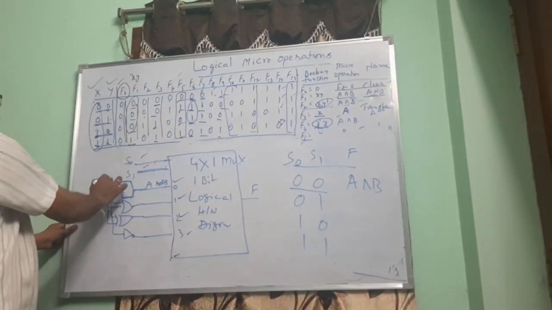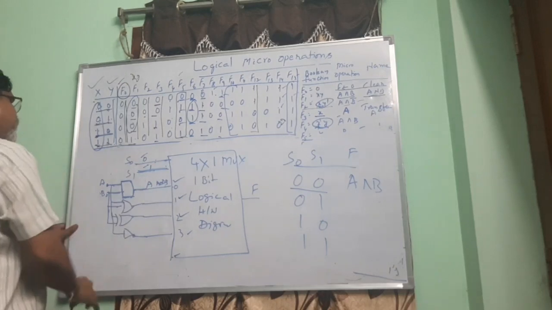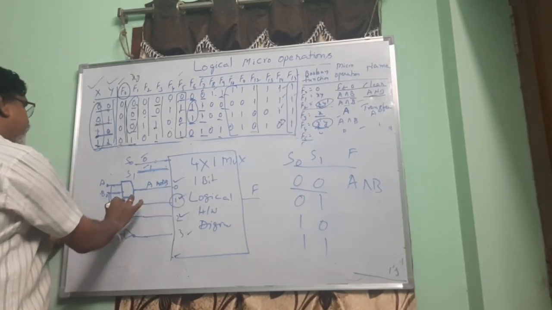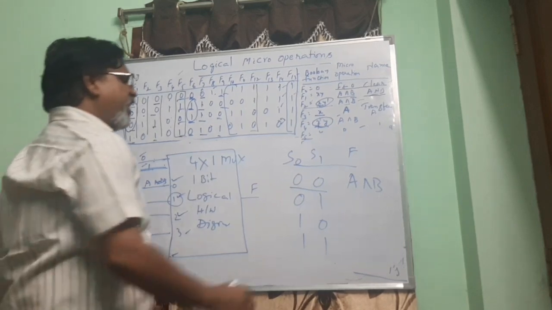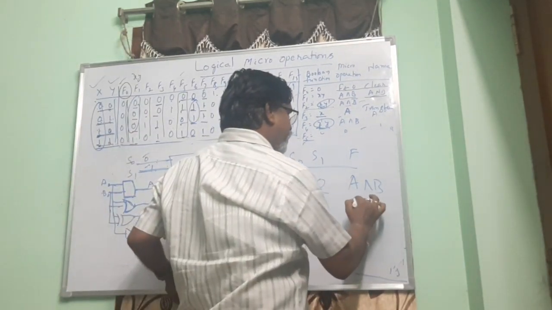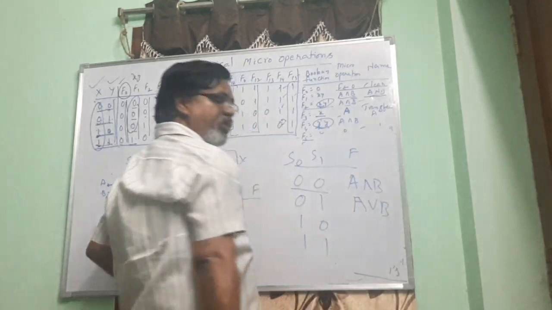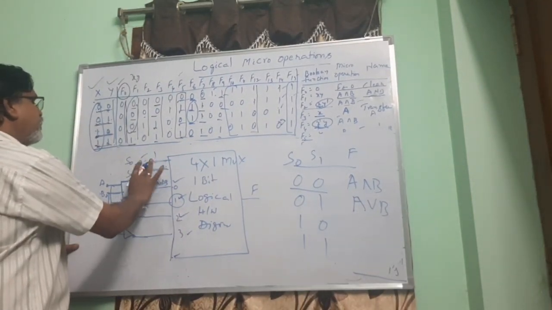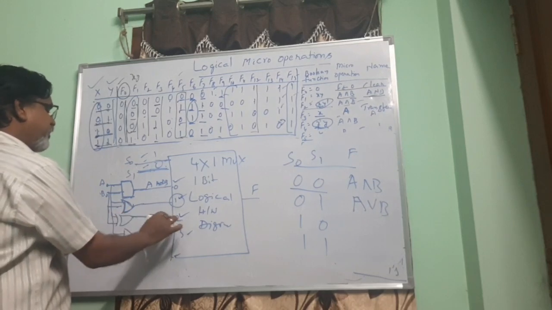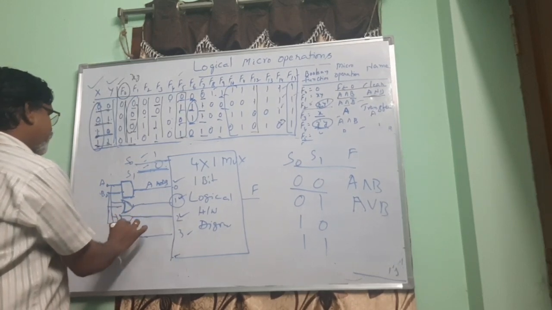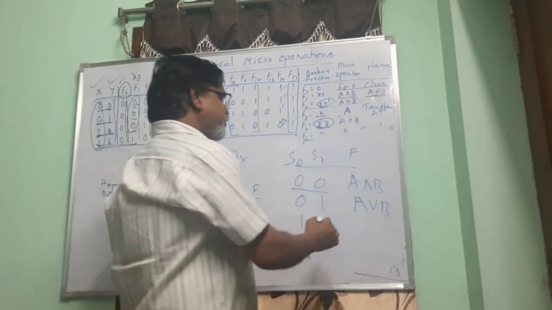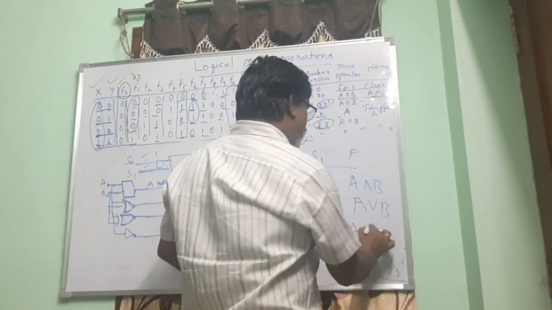Now this value is 0 and this is 1, so the second input will be selected. Here the gate we are using is an OR gate, so A OR B operation. When it is 1 and 0, this will be executed: the two inputs A0, B0 are given to an exclusive OR gate.